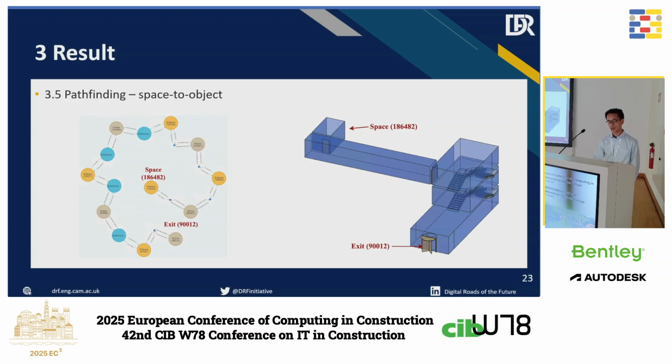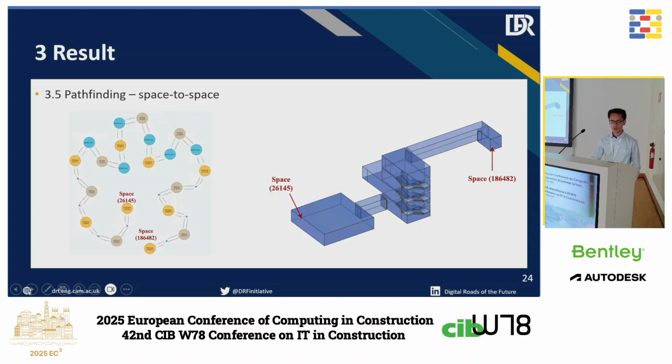But in our study, we just use the 3D models, because once you get the sequence, you will be able to get the ID of the instance, and you can use the original IFC SPF files and reconstruct the geometry. And by visualizing the geometry, you will be able to get the path you need to follow. For this one, if you want to escape, you need to follow this: space, stairs, and exit. So this is space to exit pathfinding.